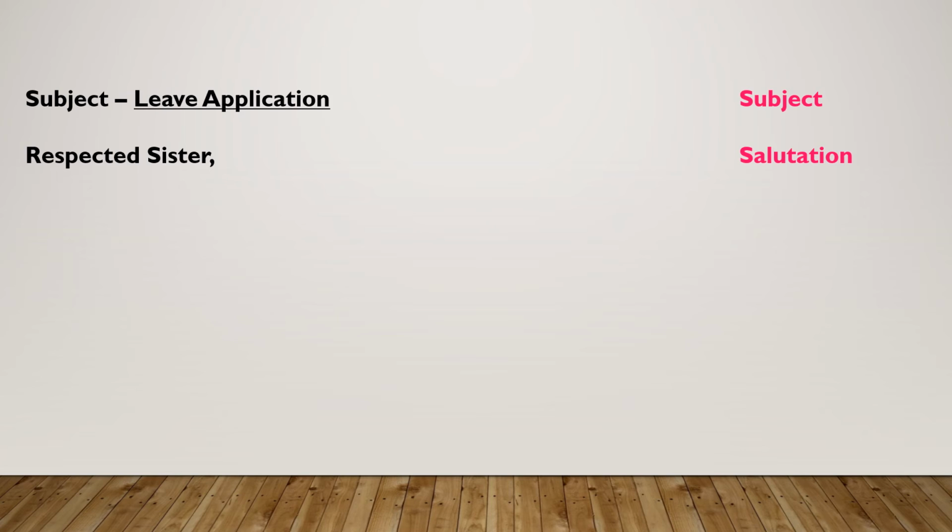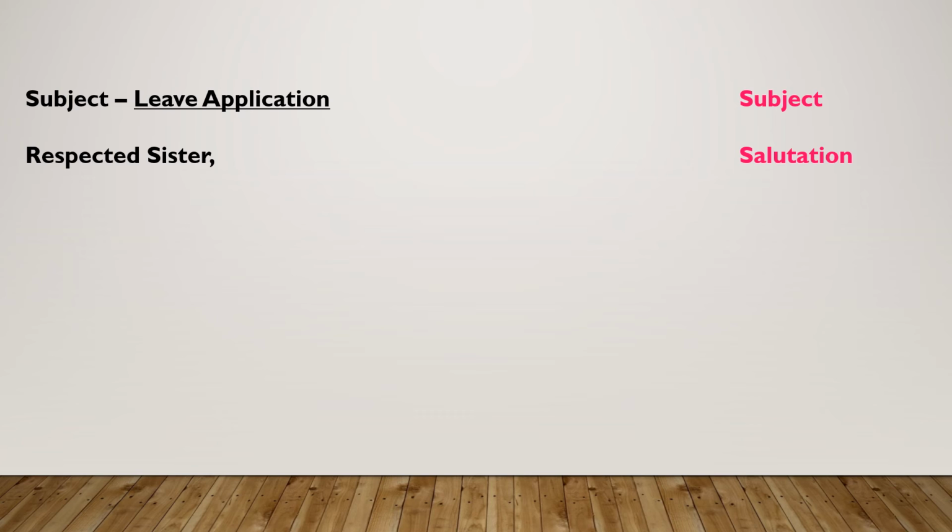After the address and the date comes the subject. As you're writing an application asking for permission to take leave, that is called a leave application. So the subject will be leave application. Then the salutation. How are you going to call out the person?